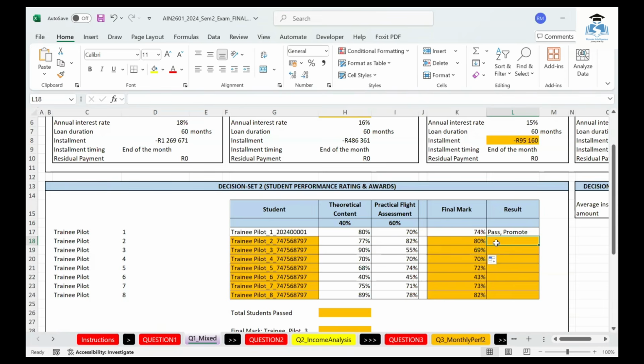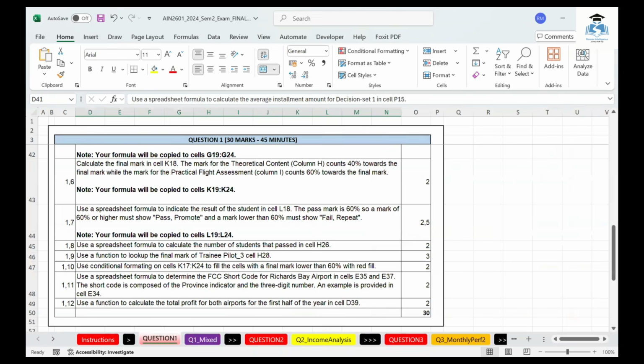So which formula are we supposed to use here? VLOOKUP? No, it's the IF. I was even giving you the function already. The pass mark is 60%, so a mark of 60% or higher must show pass or what? So now let's go.